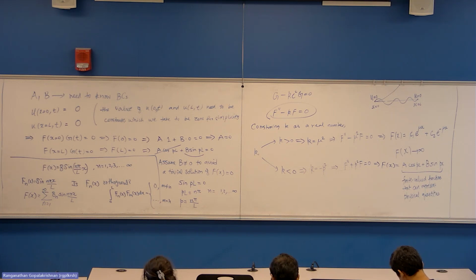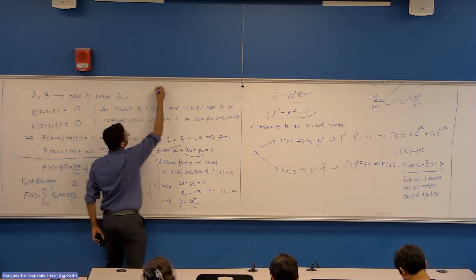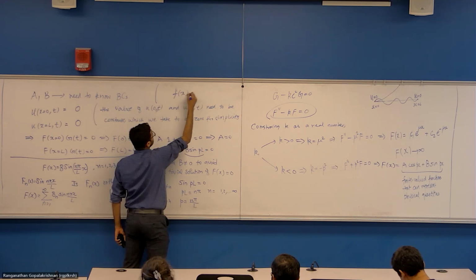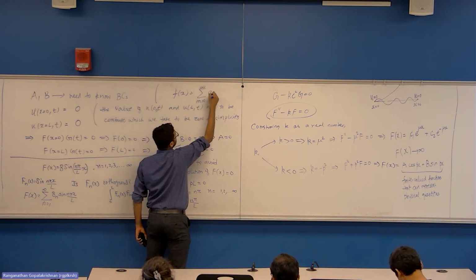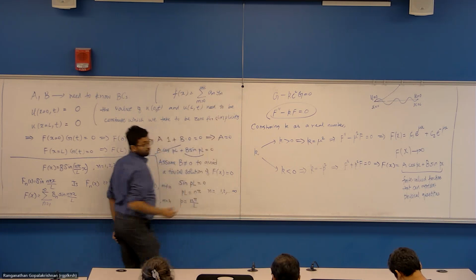Remember when we wrote the orthogonal series, we wrote f of x equal to summation m equal to 0 to infinity am ym.